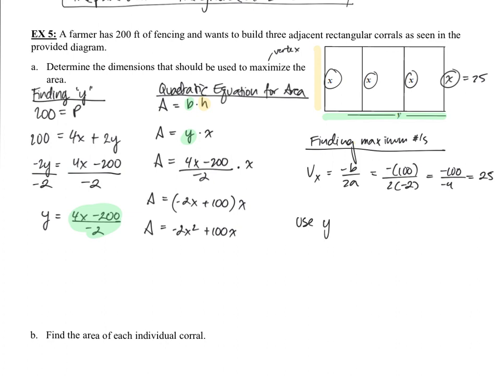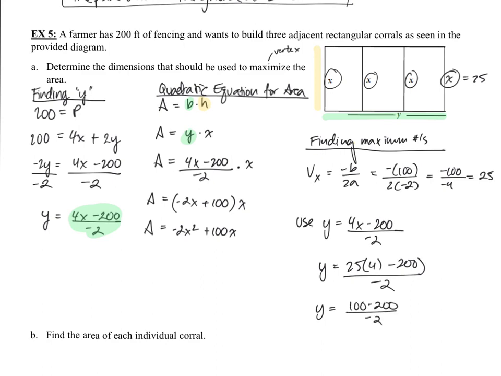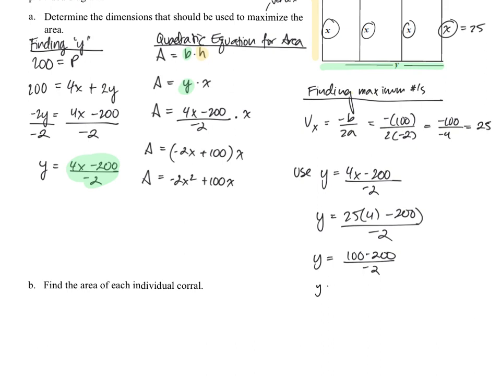So we're going to use this equation here, y equals 4x minus 200 divided by negative 2, which will be 25 times 4 minus 200 divided by negative 2. So y is going to equal 100 minus 200 divided by negative 2, which will come out to negative 100 divided by negative 2. So y is going to equal 50.